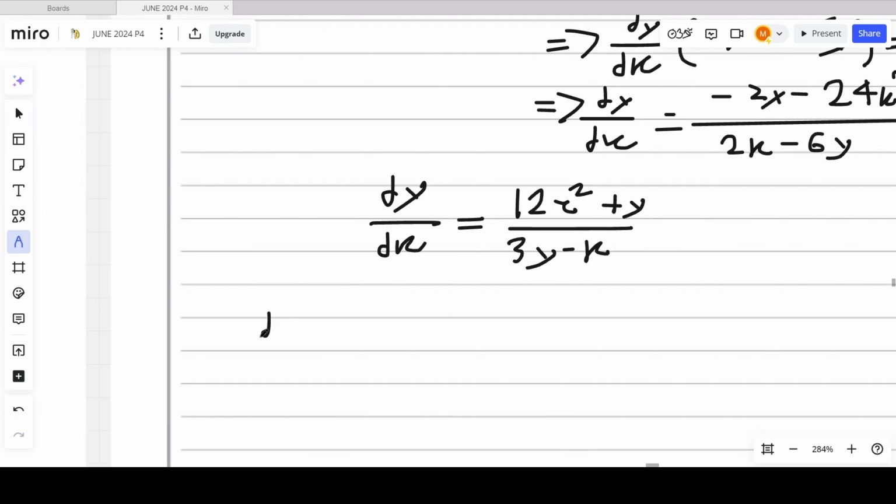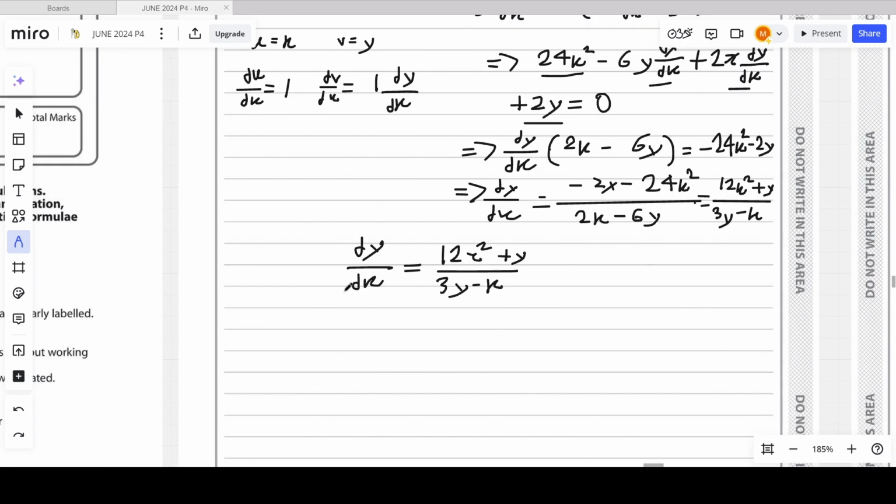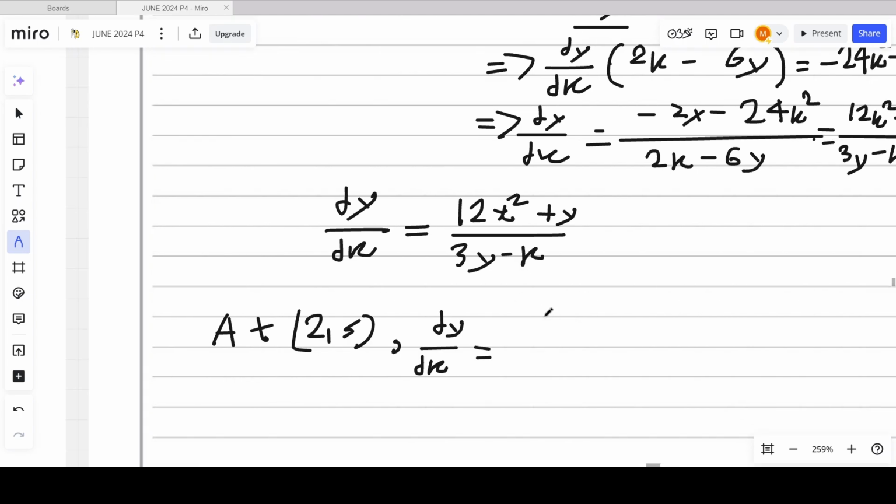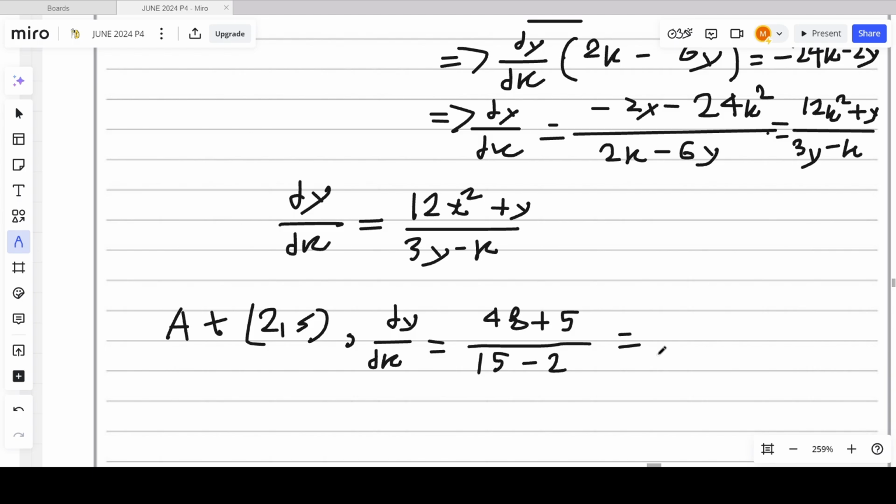Now find the value of dy over dx at the point (2, 5). 12x squared: x squared is 4, and 12 times 4 is 48. 48 plus 5 over 3y, which is 15, minus 2, so that is 53 over 13.